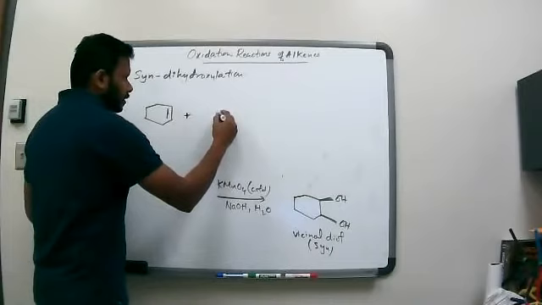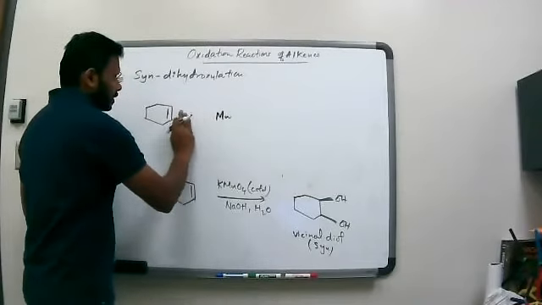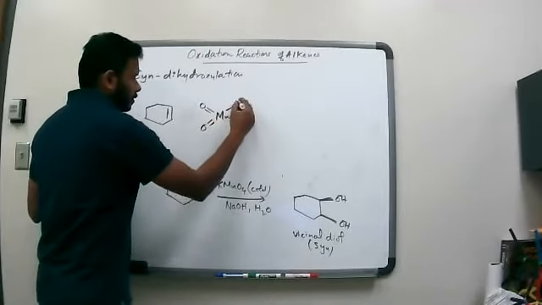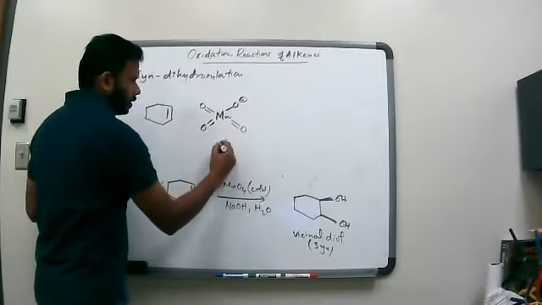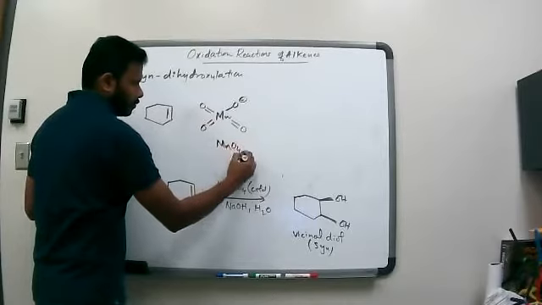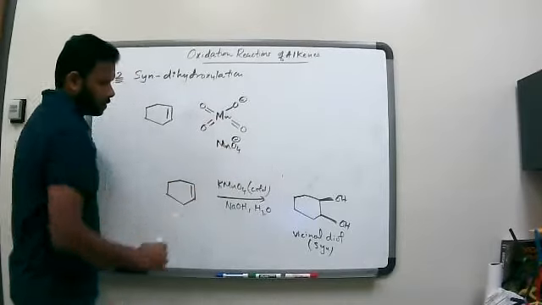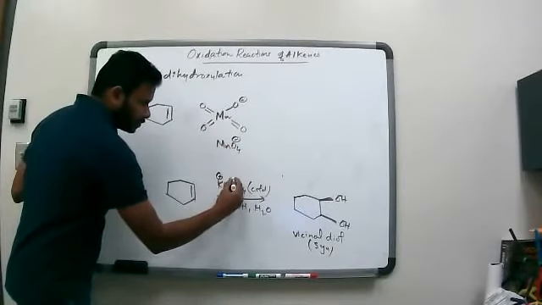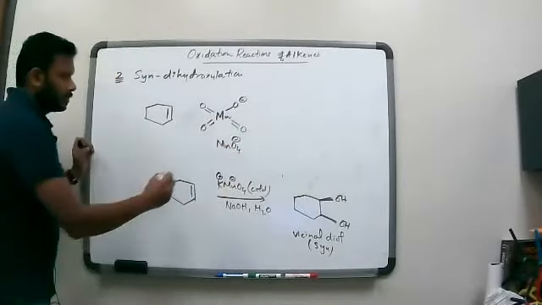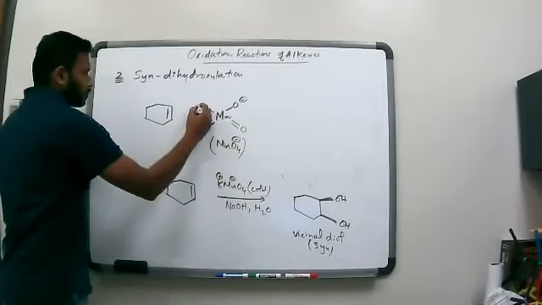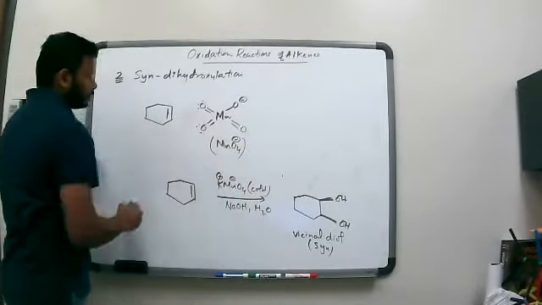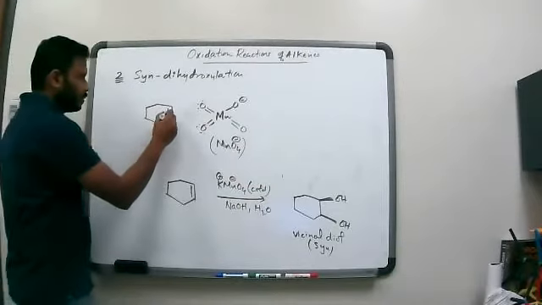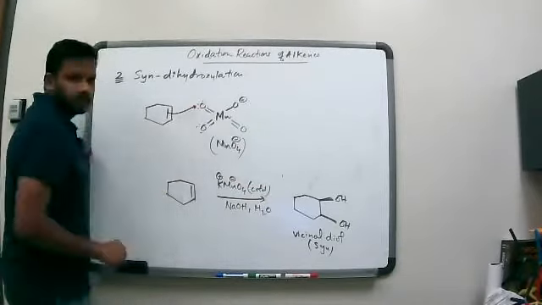So when we have permanganate, this is the permanganate ion, MnO4 minus. The potassium is just balancing the charge, so this is minus. So again, the alkene acts as a nucleophile. The pi bond goes and attacks that oxygen.